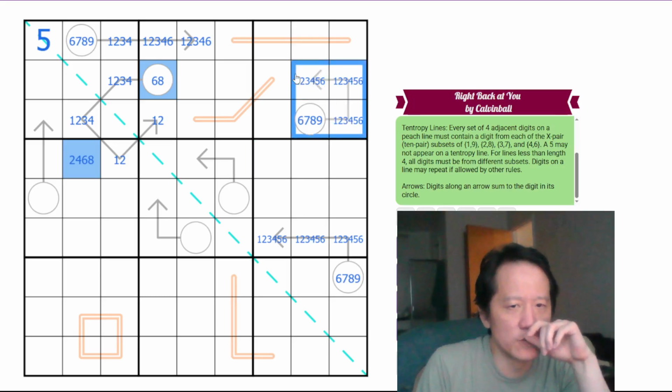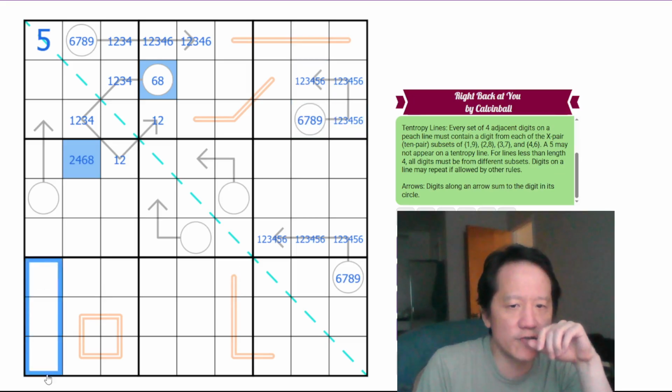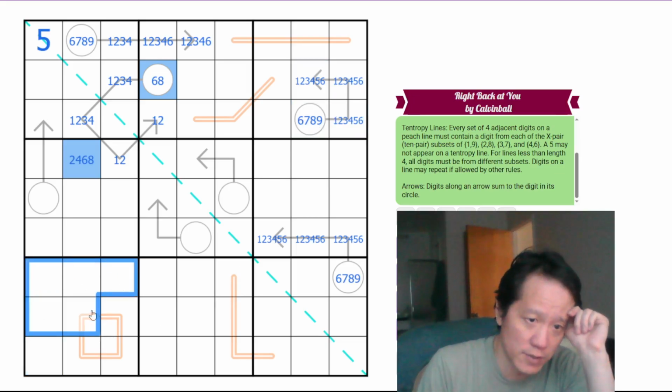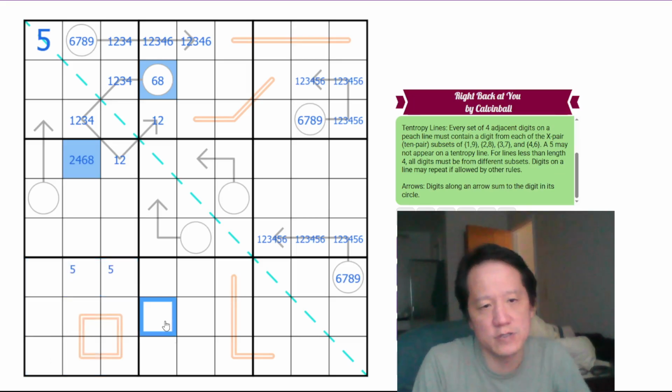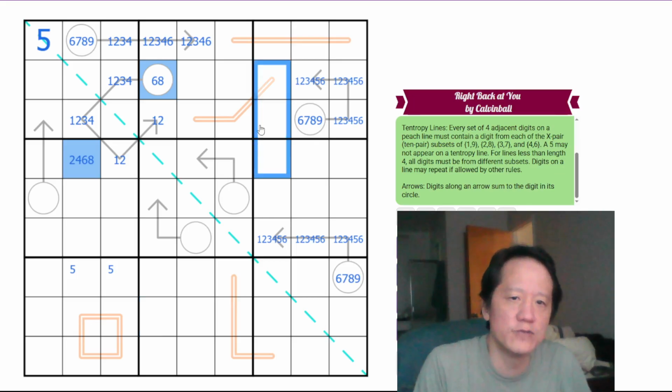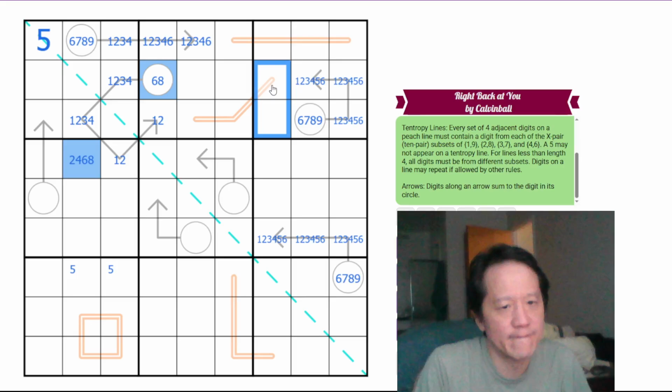There's no similar thing here, though. Oh, 5 cannot be here in box 7. So 5 has to be one of these 2 cells here, which means one of these is odd. But we don't know if that's guaranteed.